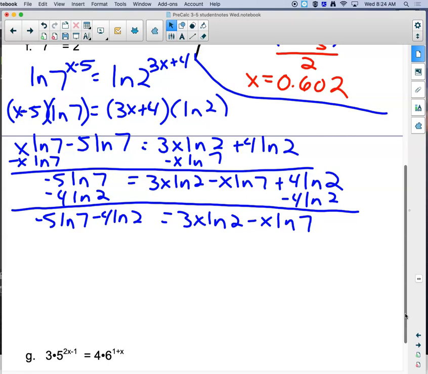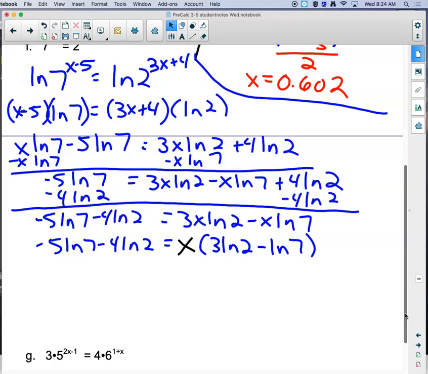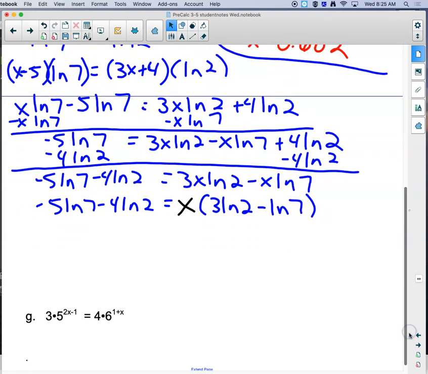So we're going to have to factor out an x over there. Looks like so. And then, to get the x by itself, we're going to have to divide both sides by 3 natural log of 2 minus the natural log of 7.